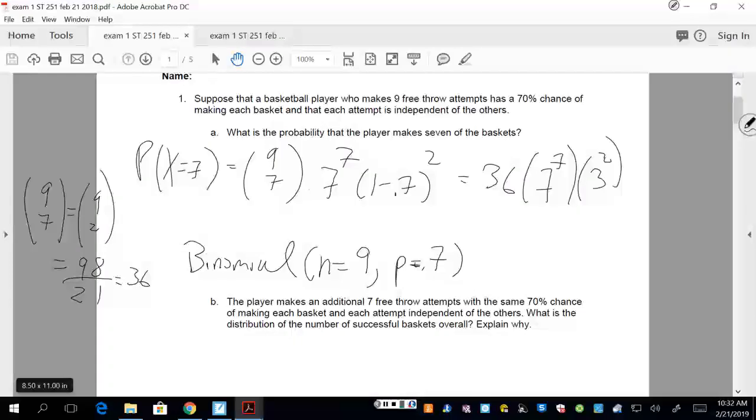So the next one: a player makes 7 free throw attempts with a 70% chance, and each is independent of the others. What's the distribution of the number of an additional 7? In the course that we did last year, there was a little bit more emphasis on adding together binomials and showing that if you add 2 independent binomials together, you get another binomial.